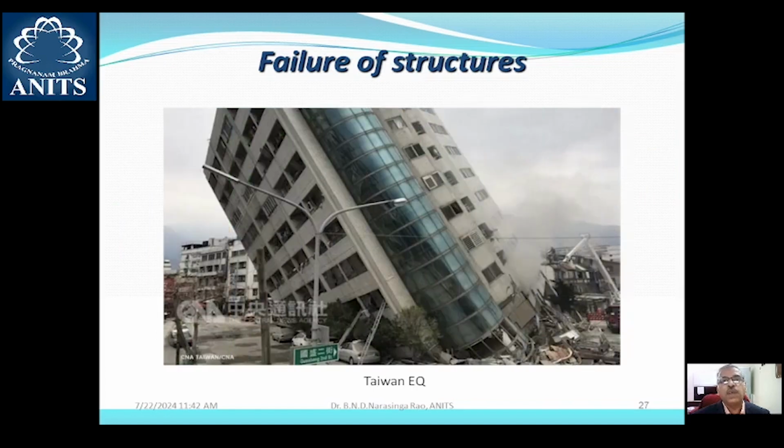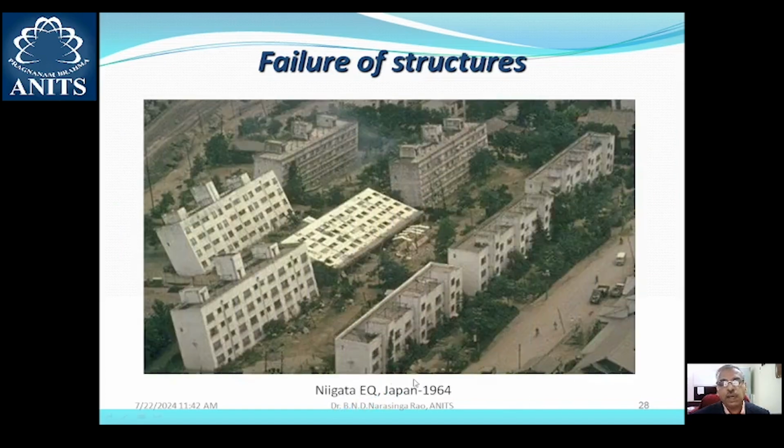And the phenomenon of liquefaction I was referring to, when loads are suddenly applied, for example, the Taiwan earthquake and the Japan earthquake in 1964, where the structure seems more or less intact, but it lost the support of the soil because the soil has been turned into more or less a liquid due to the effective stress reducing to almost zero or a negligible value, leading to loss of shear strength, especially in loose saturated sands.